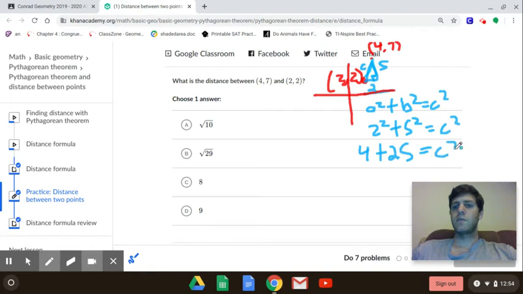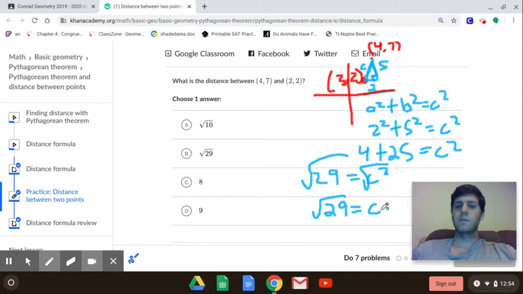And then c squared. So we have 29 equals c squared. Then we take the square root of both sides. We get plus or minus the square root of 29 equals c. But we don't want the negative because we're dealing with length.